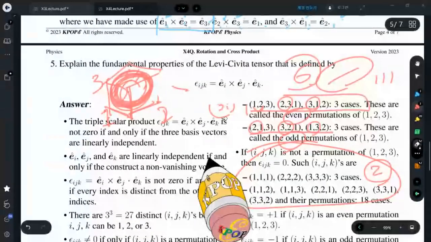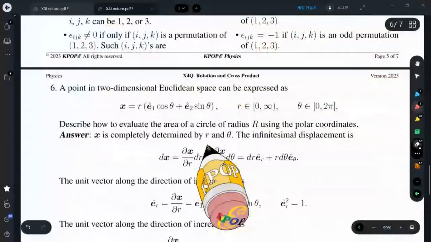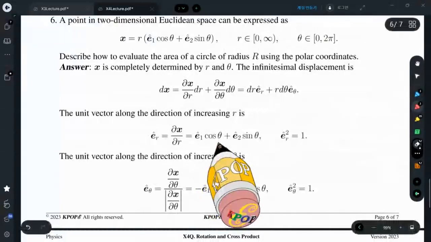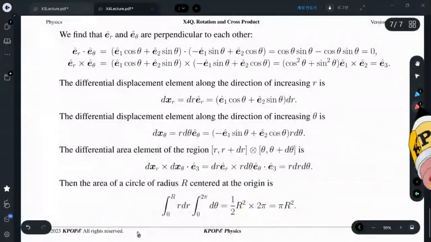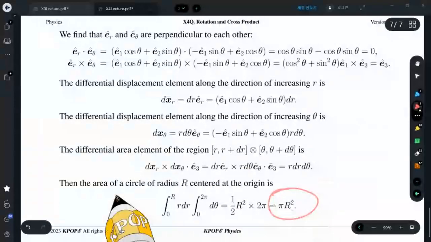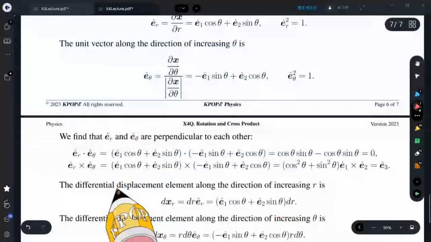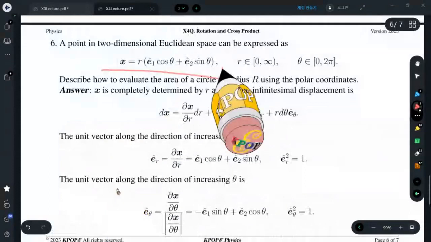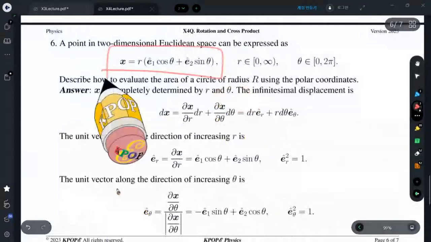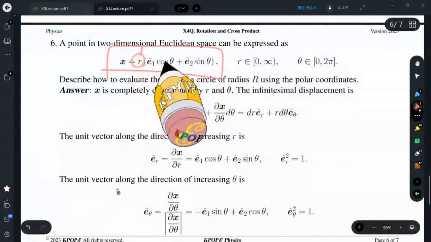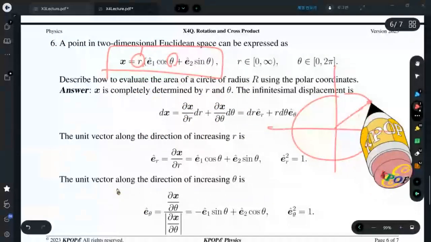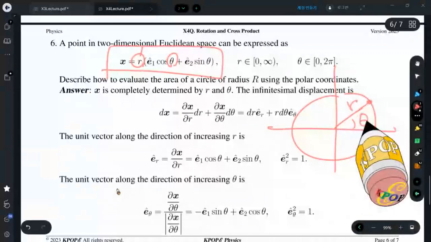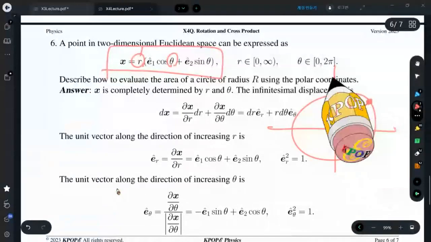All right. This is how to find the area of a circle. On the 2-dimensional plane, you can introduce the radius and angle to define a point on a circle.